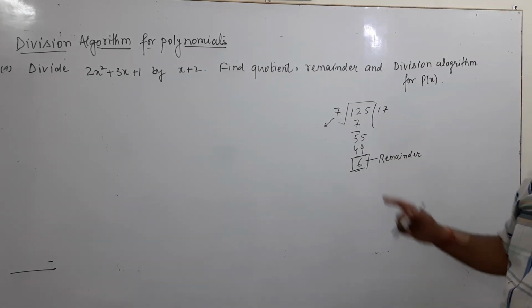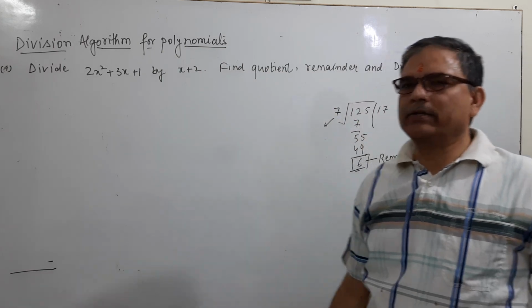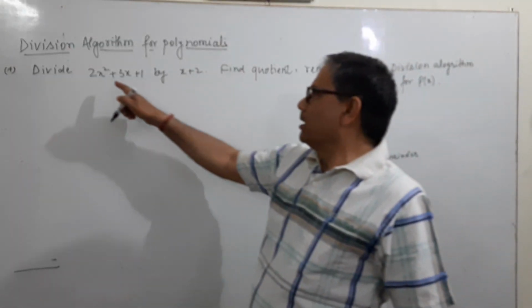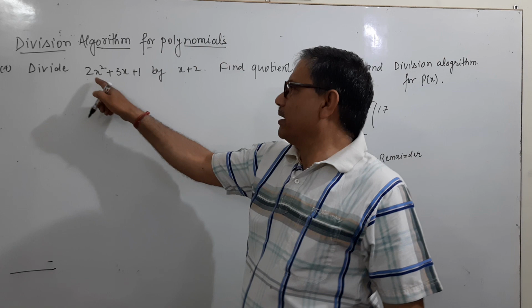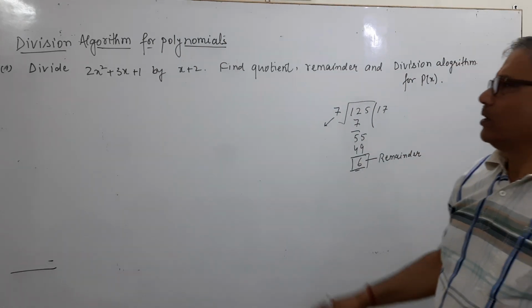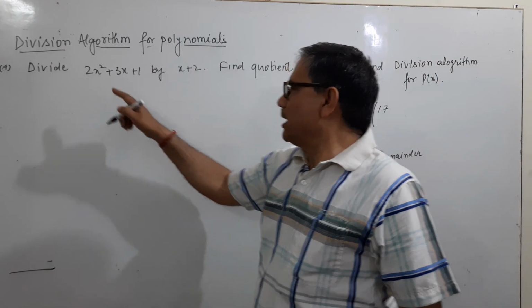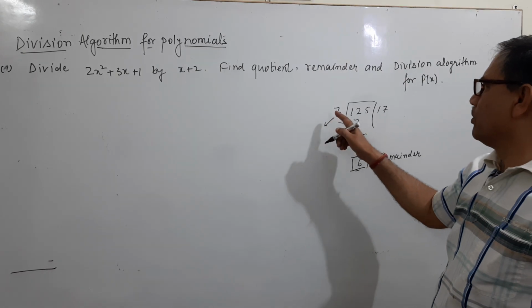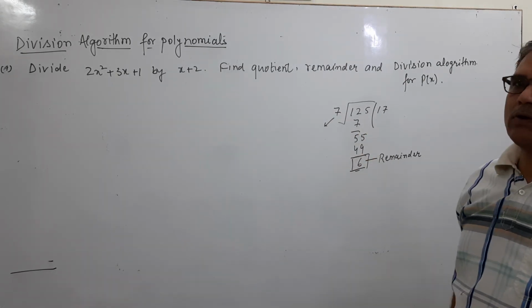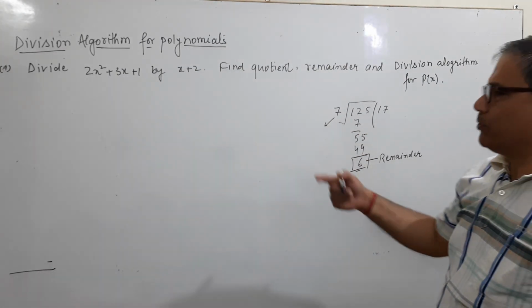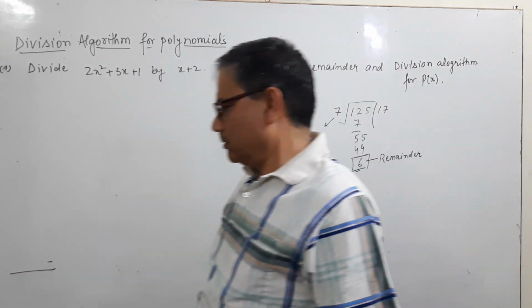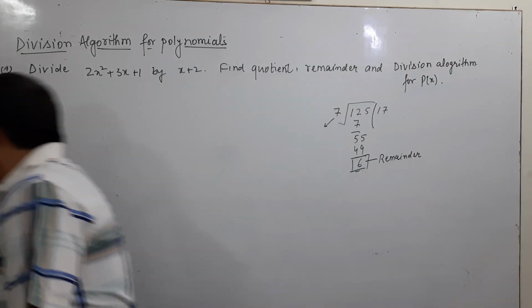The same process we will apply in this question, but here we have to check whether the remainder will be less or more than the divisor, and then solve it. First we divide it.